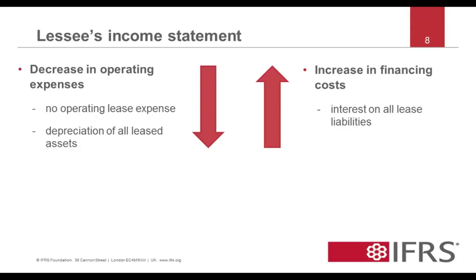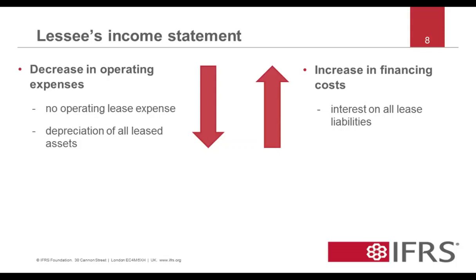This is different to today's operating leases, for which rent is generally recognized on a straight-line basis. However, as we describe in detail in the effect analysis that we published today, the net effect of IFRS 16 on the income statement is expected to be minimal for many lessees that have a portfolio of leases starting and ending in different reporting periods.